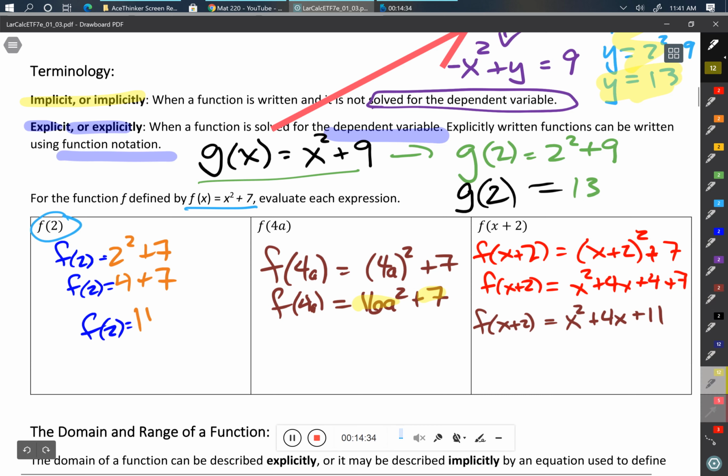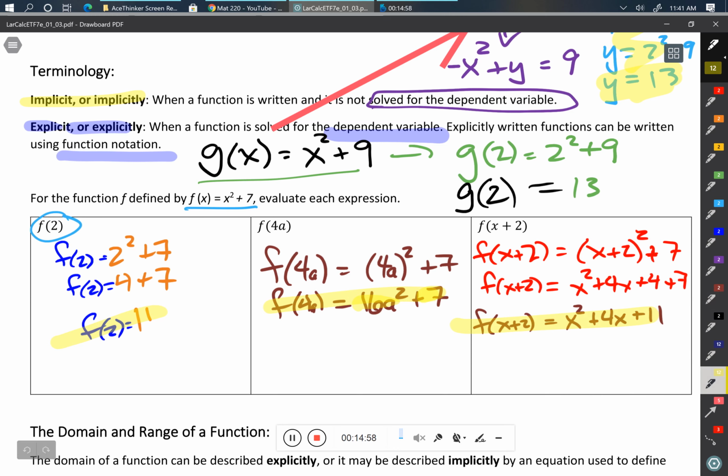And so in each of these examples, the final answer is going to contain the definition of the function, its name is f, a definition of the independent variable value, whether it be the 2, the 4a, or the x plus 2, and then the value that the function is equal to or evaluated at under that independent variable value.